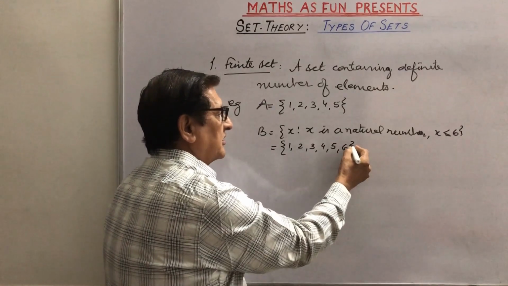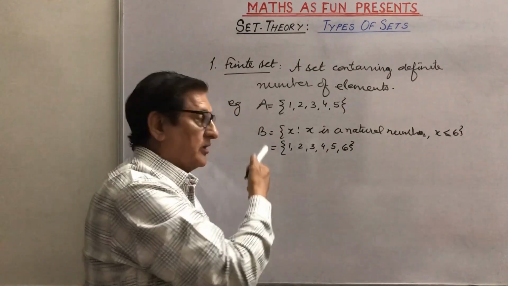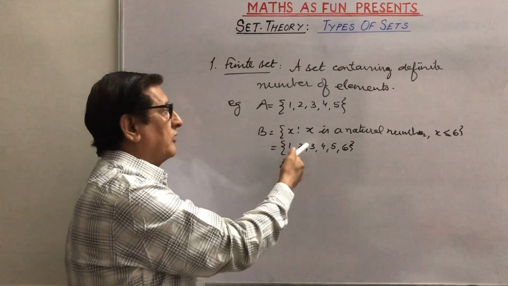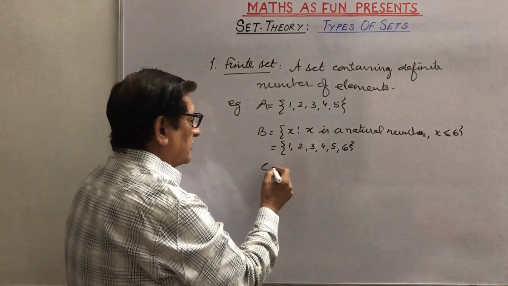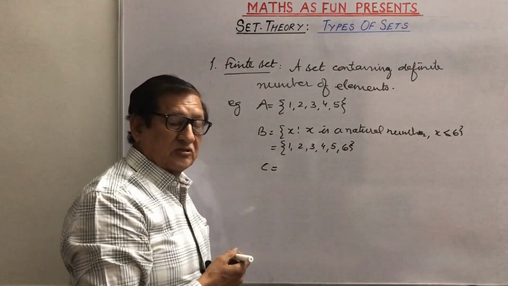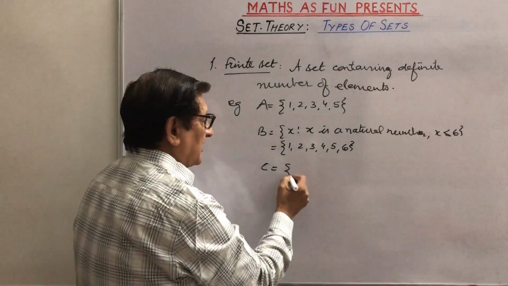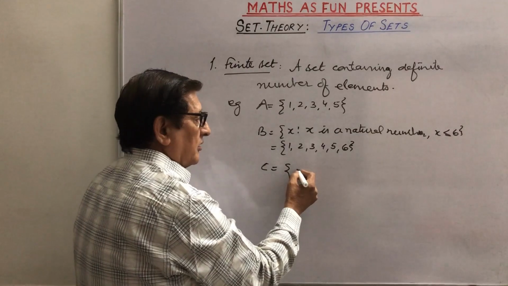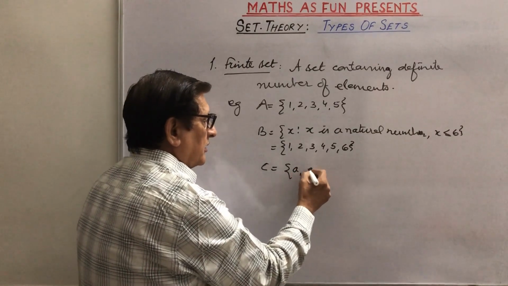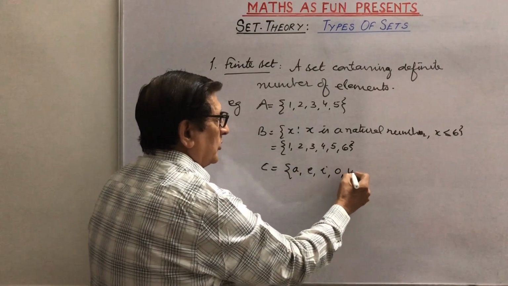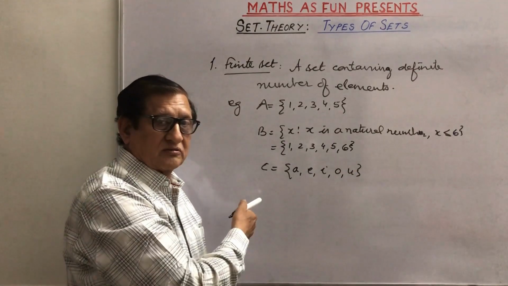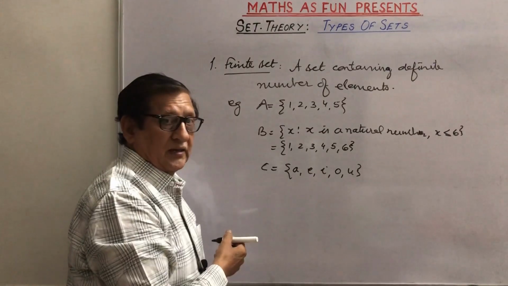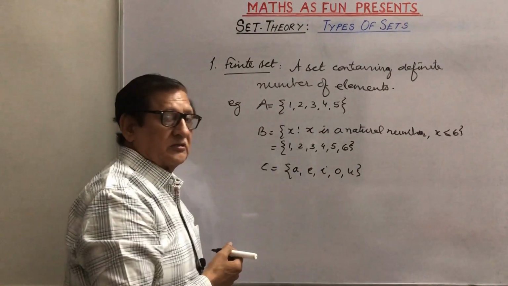There are only 6 elements, and that's why it is also a finite set. We can have some more, like we have a set C. Suppose it has the elements a, e, i, o, u, the vowels. These are also 5, so this is also a finite set.